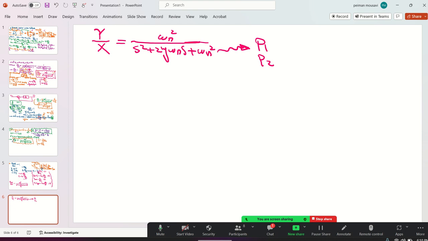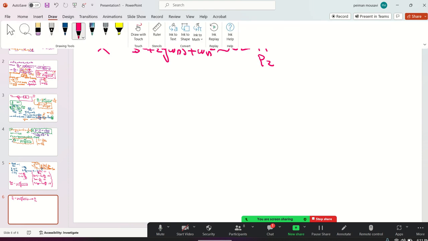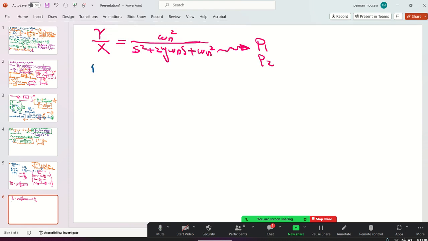The roots of the denominator are the poles. You know how to solve it from high school, right? P1 and P2 equal minus B plus minus the square root of B squared minus 4AC, divided by 2A. Your A is 1, your B is this, your C is this.